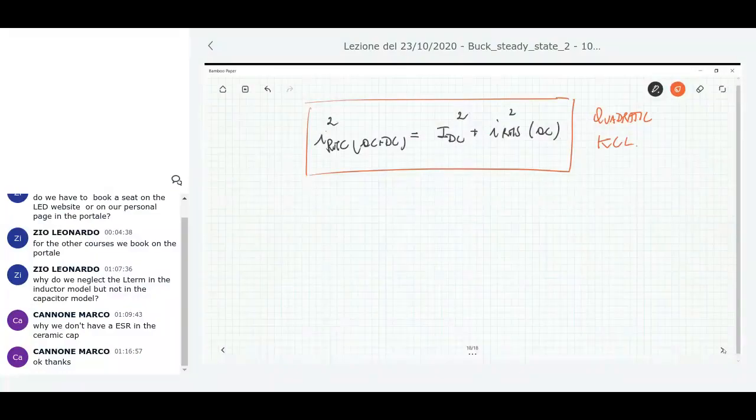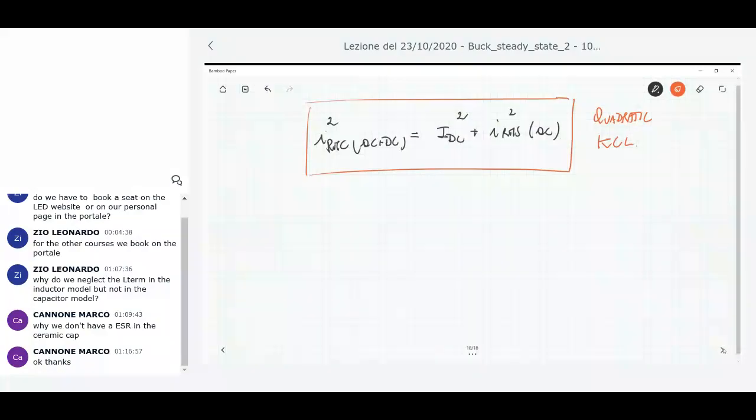Okay, in this way. Why are we interested in exploiting this result? When and where in our buck converter can you have a situation like the one I described?